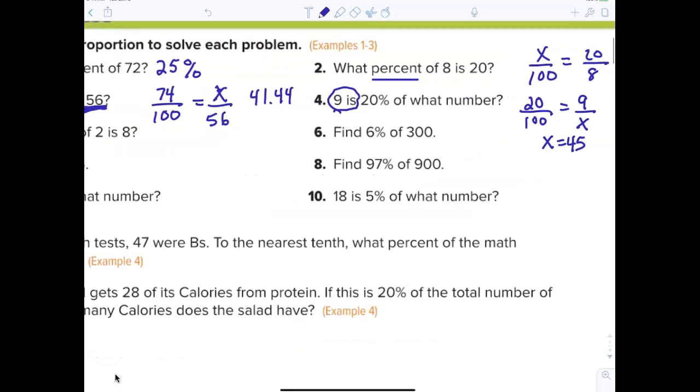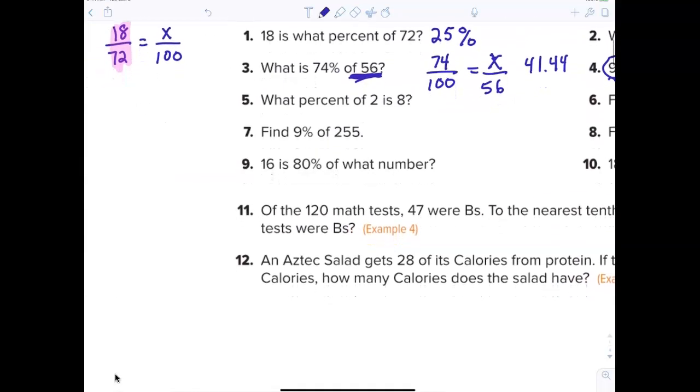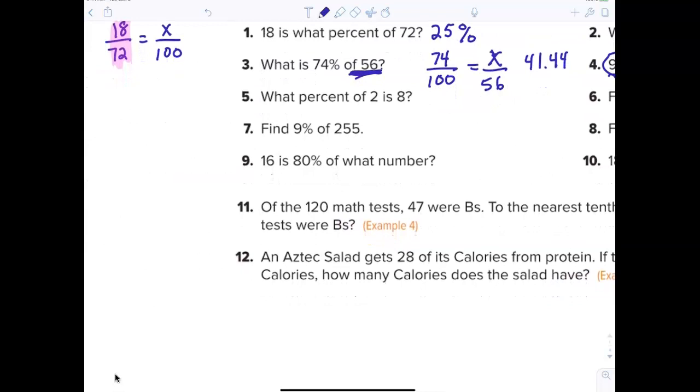All right, let's check out number 5. Set it up. Okay, so I did 2 over 10. All right, guys, that's what I'm saying.